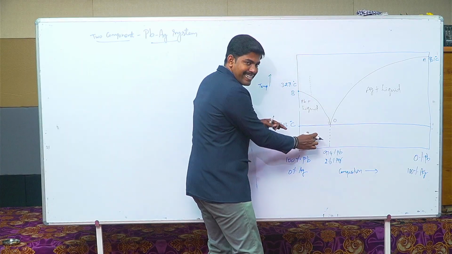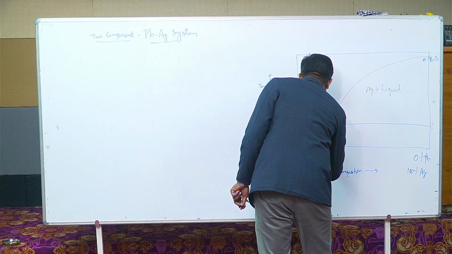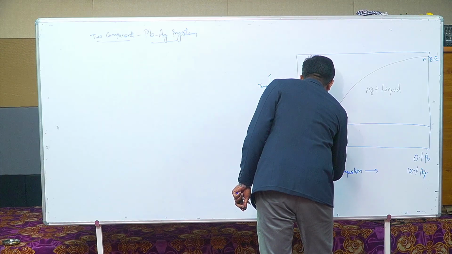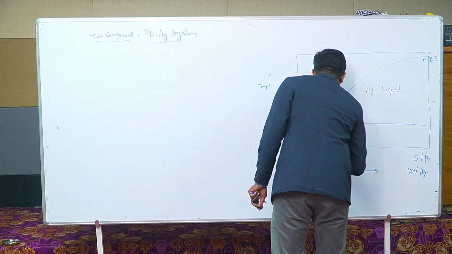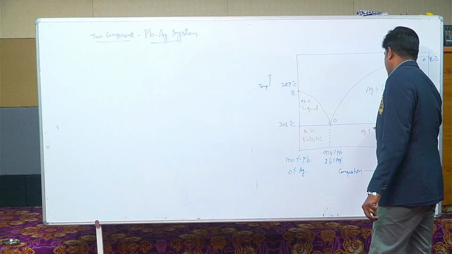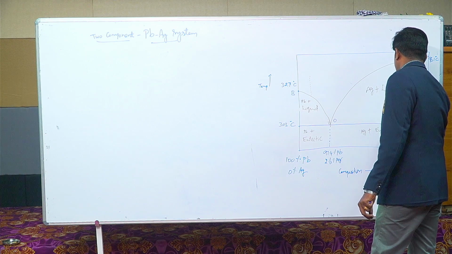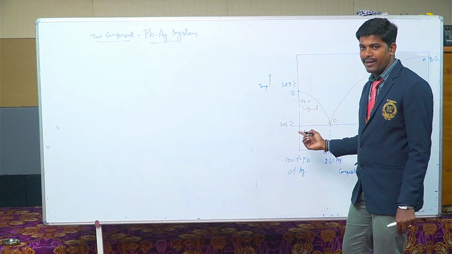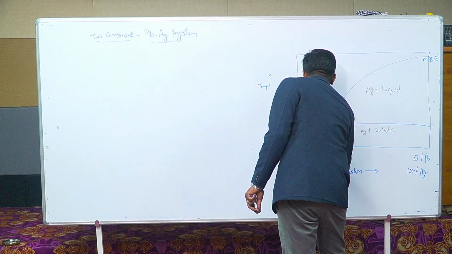So at this area, it will exist as solid lead plus eutectic. Here it will exist as solid silver plus eutectic. So we can mention it simply as lead, or as solid lead.